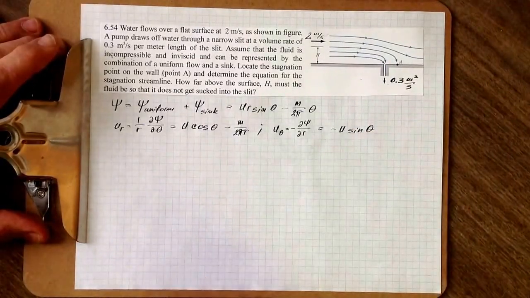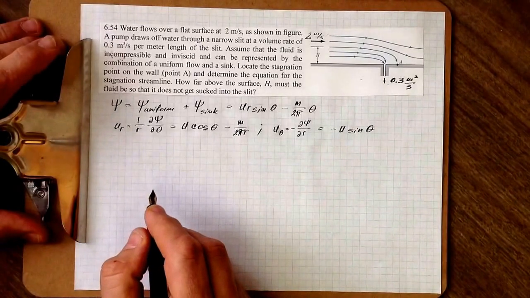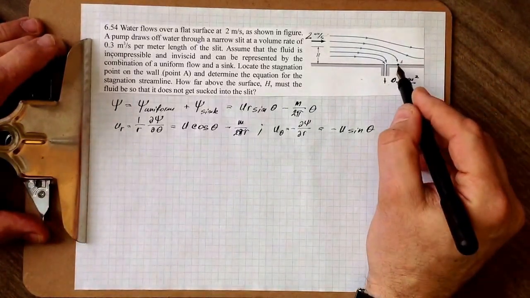So now that we have the velocity components, we want to find the stagnation point.